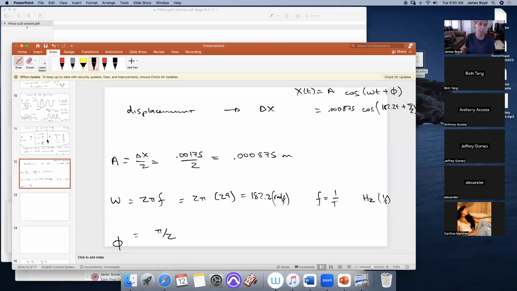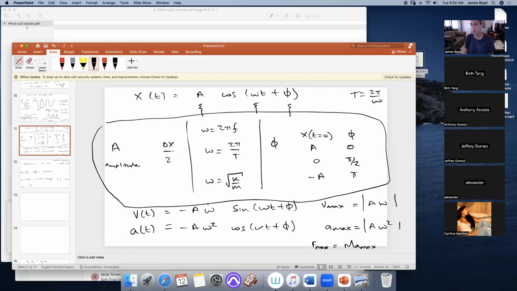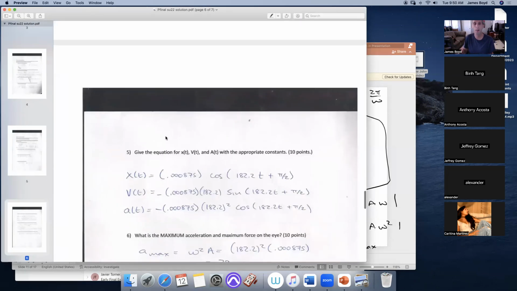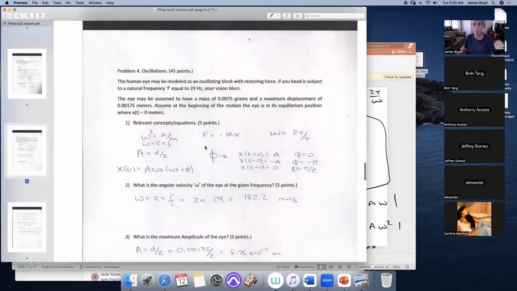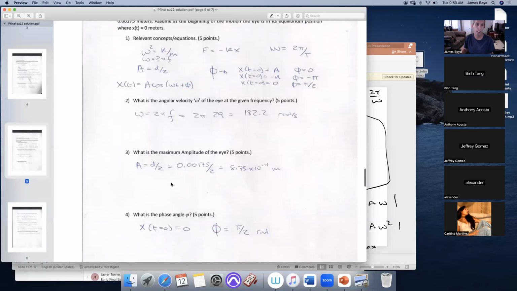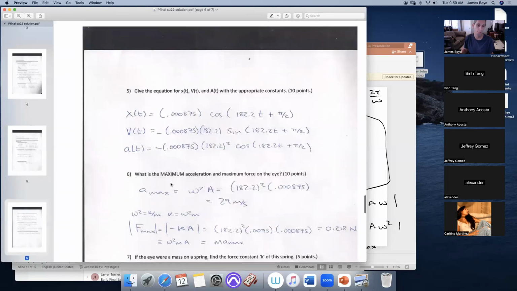I know that seems simple, but you wouldn't believe how many people don't know how to write the velocity and the acceleration, or realize that they are essentially just negative A omega sine and negative A omega squared cosine.